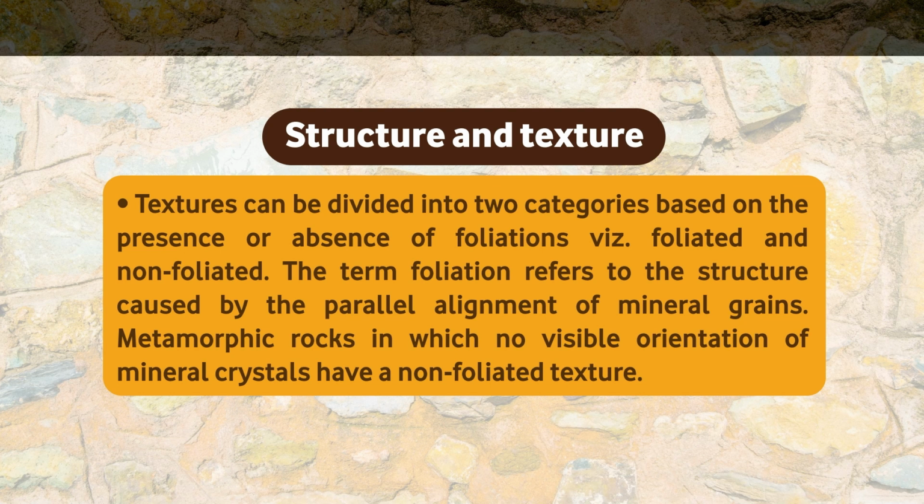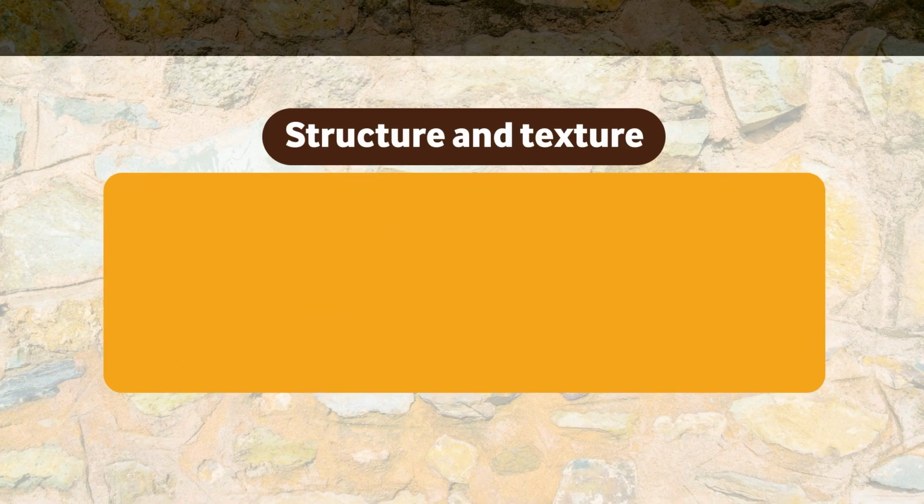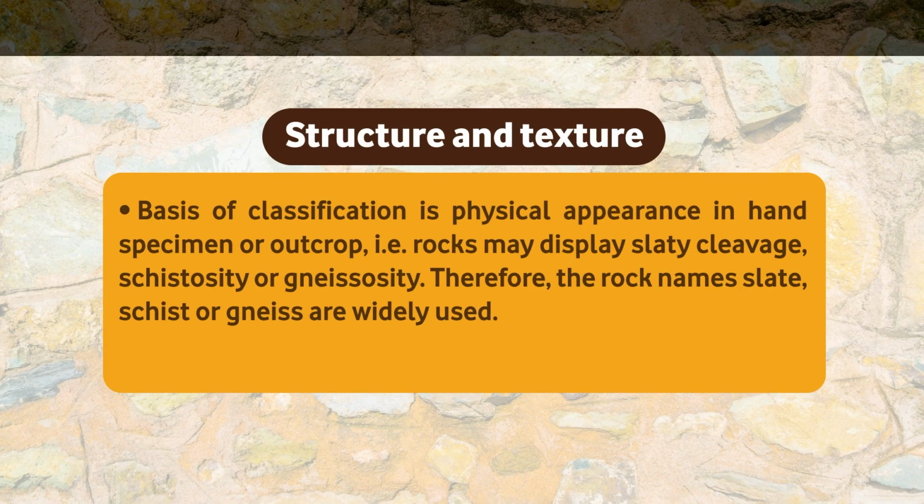Metamorphic rocks in which there is no visible orientation of mineral crystals are called non-foliated, exhibiting non-foliated textures. A common example of a foliated metamorphic rock is a schist, and likewise eclogite is a non-foliated metamorphic rock. The basis of classification in this category is the appearance of the rock in hand specimen or at outcrop scale.